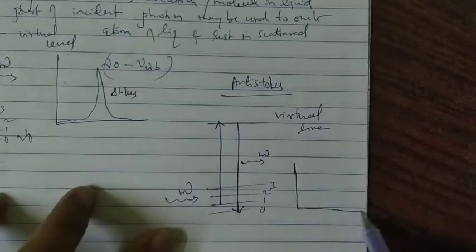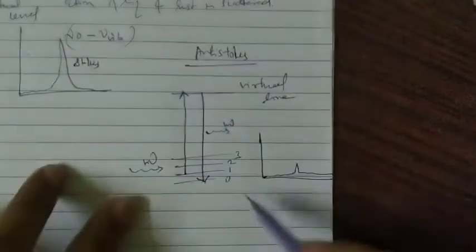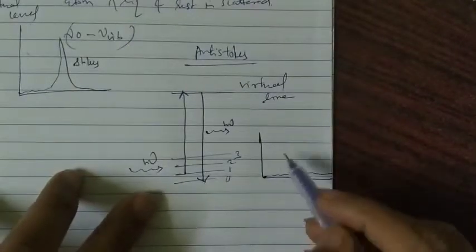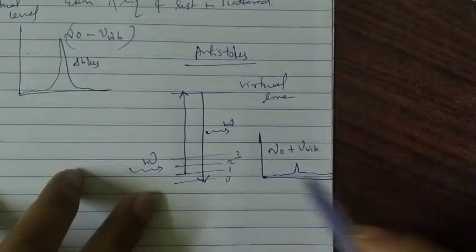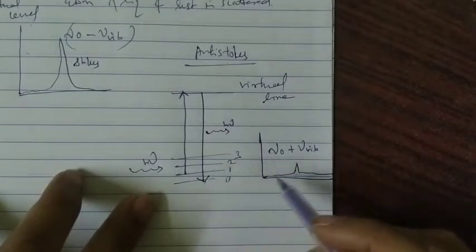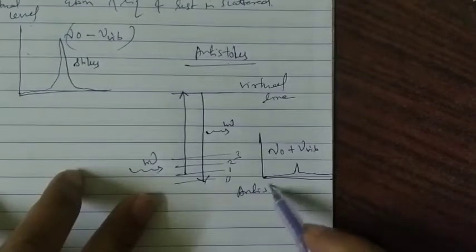If we put the graph here, it comes like in strings like this. Here a big line will come, here a small line will come. So here that is nu naught plus nu of vibration, addition will be there. This process we call an anti-Stokes.